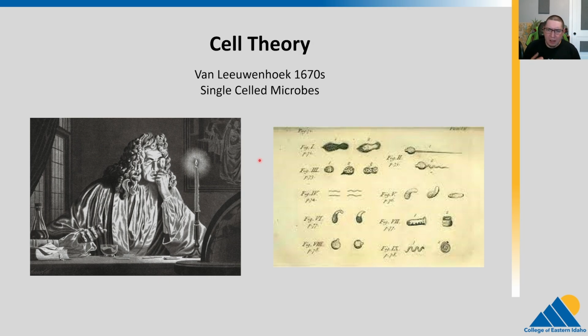People had predicted that there might be organisms that were microscopic for a long time, but it wasn't until von Leeuwenhoek in the late 1600s that we were able to actually see them. All right, here's a bit of a weird story. Von Leeuwenhoek was a dude who worked by himself at night.